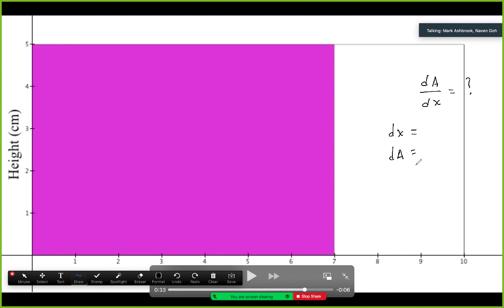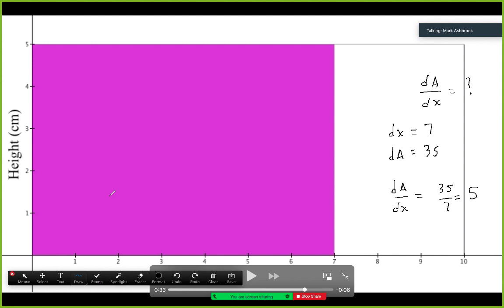So right now, what am I showing for dx? 7. Right? Starting from 0, we have a change to x of 7. And what is the resulting change in area when x increased by 7 there? 35. And so therefore, dA dx, since we have constant rate of change, is 35 over 7, or 5.